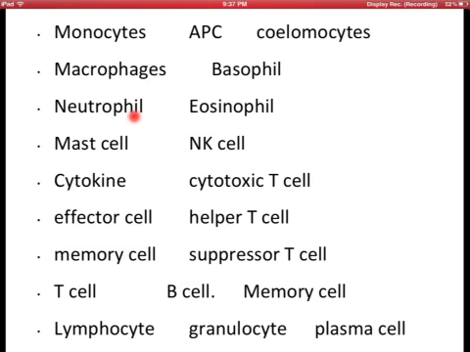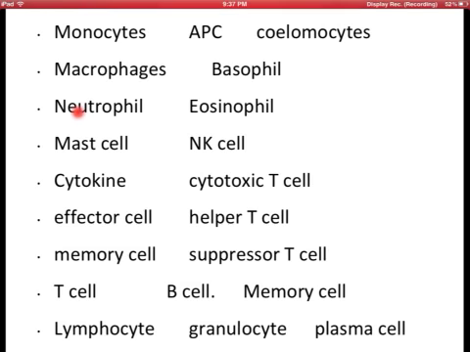Neutrophils, parang macrophage lang din. Phagocytic, but mas marami sila at sila yung unang-unang pupunta sa infection. Let's say sa wound, sila yung unang-una and they are like kamikazes. They die. They explode. Question nyo is, paano sila nakatulong kung nag-explode sila?